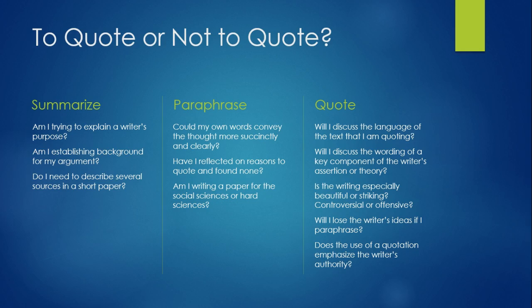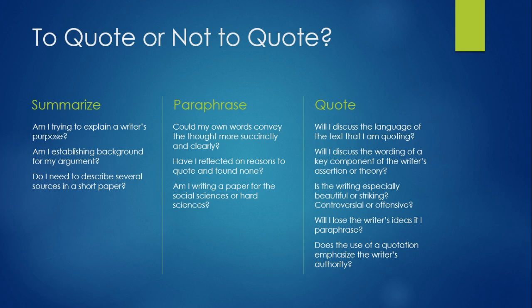I'm thinking of an excellent move that one of you made in your last paper, talking a little bit about the personification of trees in Scott Russell Sanders' essay, The Mind of Trees. Actually quoting that passage where he personifies it then allowed the writer to move on and discuss the ways that he personified those trees. Will I discuss the wording of a key component of the writer's assertion or theory?